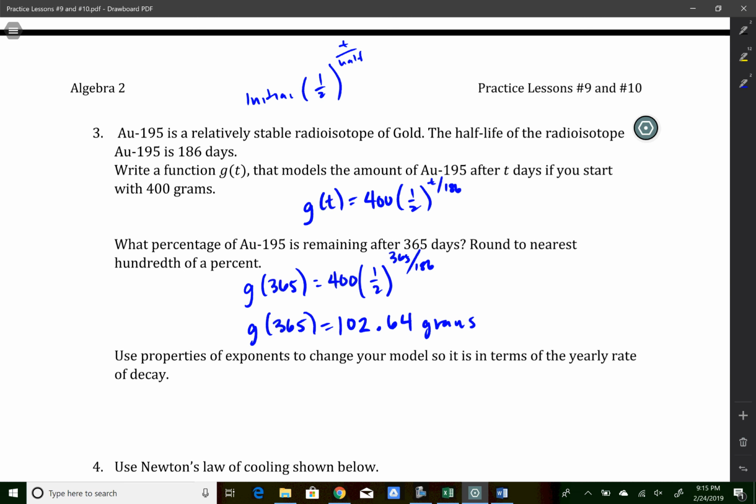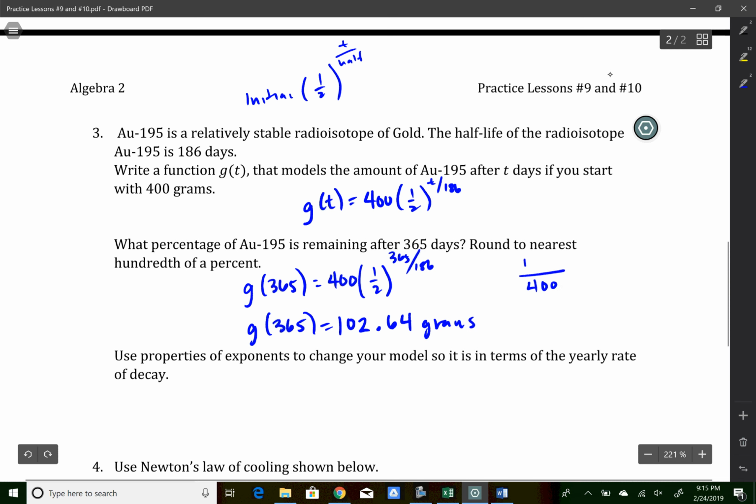Now, that's not what they're asking. It's not asking how many grams are left in 365 days. It's what percentage, right? So it says what percentage is remaining after 365 days. So I can figure out, well, the original amount is 400.